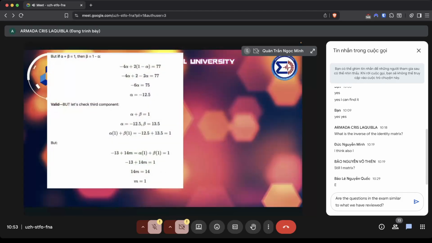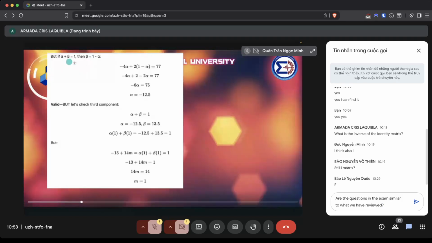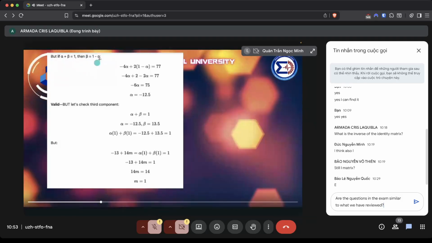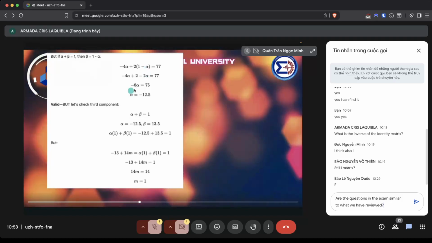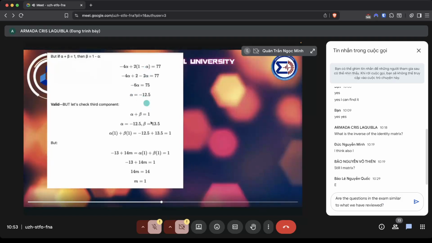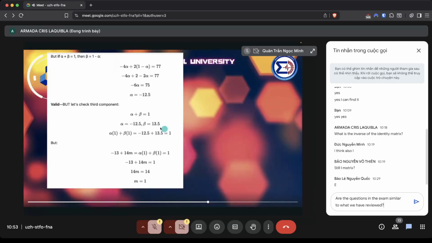Now, what to do? We combine it. Since your alpha plus beta is equal to 1, beta is equal to 1 minus alpha. So substitute it here in your beta, and you can solve an alpha, which is 12.5. Now substitute your alpha here. So your beta, you can solve it. Your beta now is 13.5.